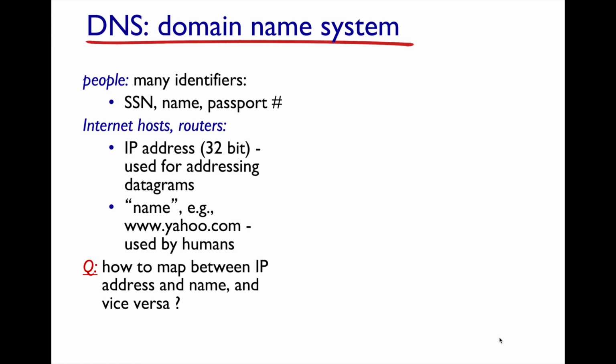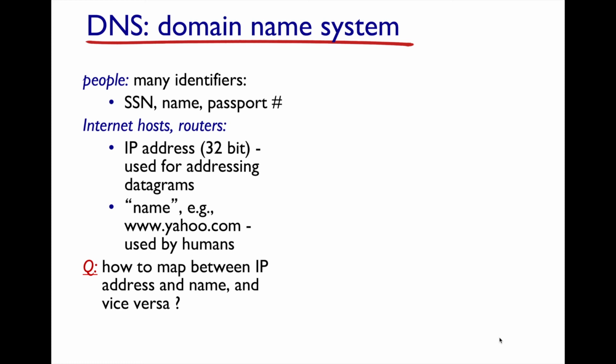And so the domain name system is a distributed database, and its whole purpose is to be a translator, if you will, that will map between these text names that are useful for people and these numerical names, which is what the computer really cares about, specifically the network layer. And so internet hosts and routers all have a unique IP address. It's 32 bits.